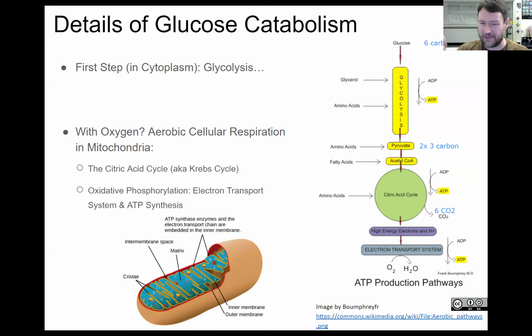The number is a rough number. It's not a one-to-one correspondence, and different books say different things. It doesn't matter. The big point here is this electron transport system is very, very efficient for producing ATP, and most of our ATP comes from this oxidative phosphorylation.